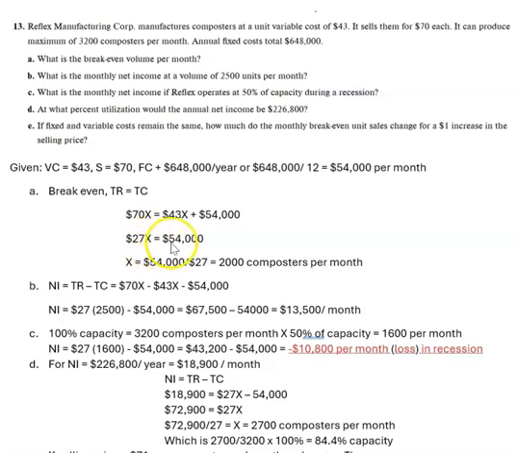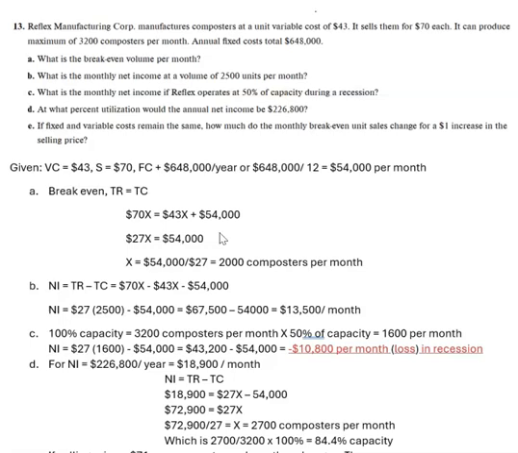And 27x equals the 54,000. So again, we want to isolate the x. So we want to get rid of the 27. So we're going to divide both sides by 27. 54,000 divided by 27 gives us 2,000 composters per month. So to break even, we need to sell 2,000 composters per month.